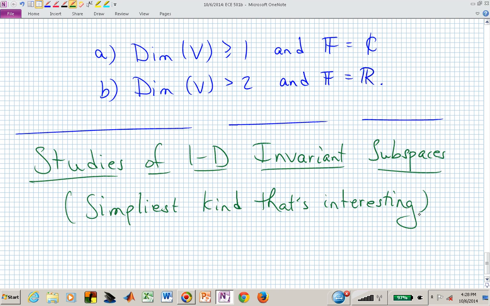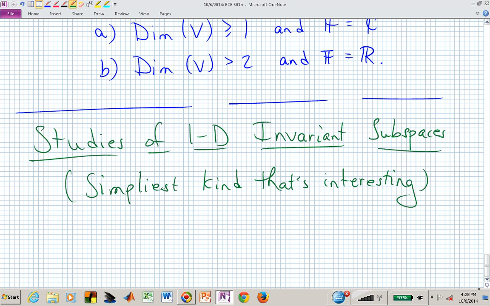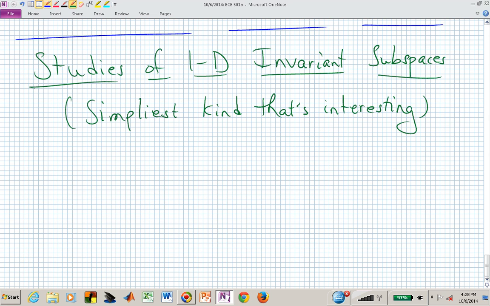If we had the zero vector, what's the dimension of the zero vector? 0. So that would be an invariant subspace of dimension 0, and that's kind of uninteresting. So now if we step up one more dimension, now we can have some interesting behavior.